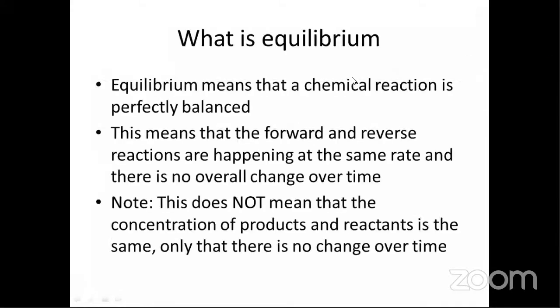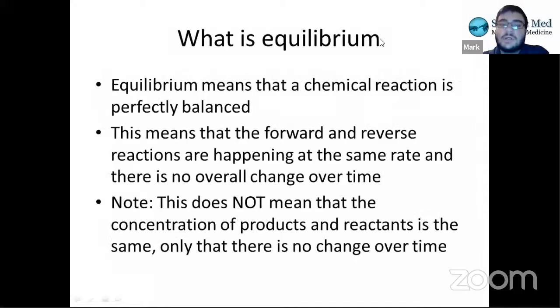So first, what is equilibrium? Equilibrium means that a chemical reaction is perfectly balanced, but not in the way that I was just talking about with balancing the equation in terms of number of molecules. Rather, it's a state where the reactants and products are in a balanced state, as the world sees fit, and that can depend on many different factors.